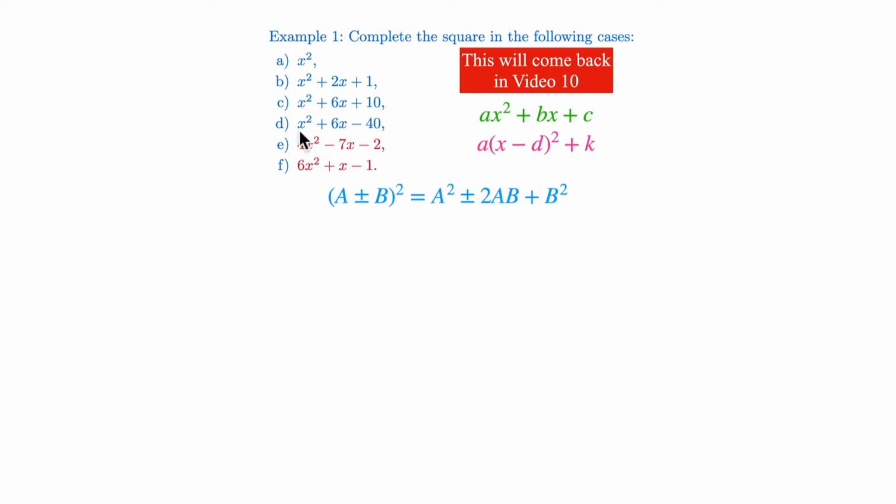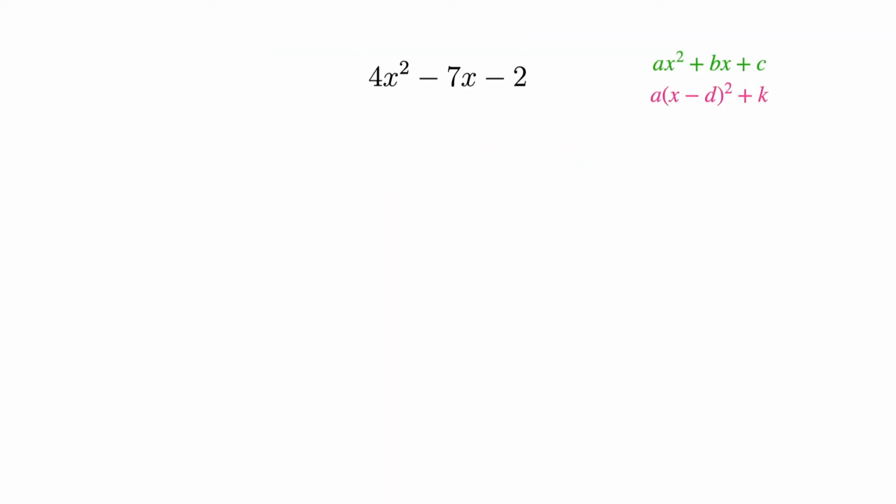So here you see we have some factors, 4 and 6. So here our small a is equal to 4, and here our small a is equal to 6. Okay, so we start with this one here. And first step, if you have some coefficient at x squared, is factor out this coefficient.